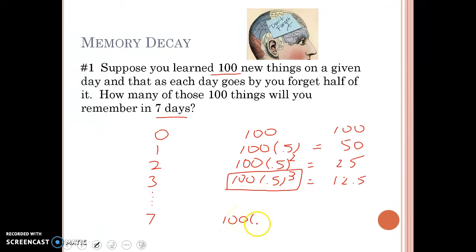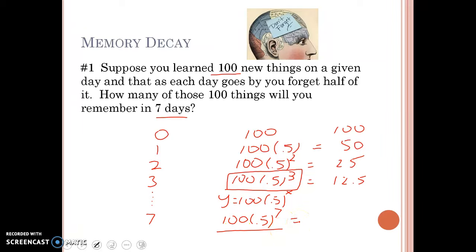The growth factor is 0.5, and we're going to raise it to the 7th power. This comes from an equation that looks like this. You started with 100, and the growth factor is 0.5 to the x power. The only difference here is that our x in this case is after 7 days.